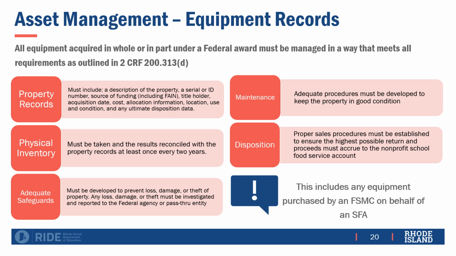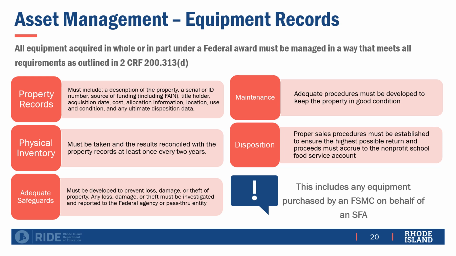Physical inventory to be taken and reconciled with property records at least once every 2 years. Adequate safeguards to prevent loss, damage, or theft of property, and procedures to investigate and report any loss, damage, or theft.